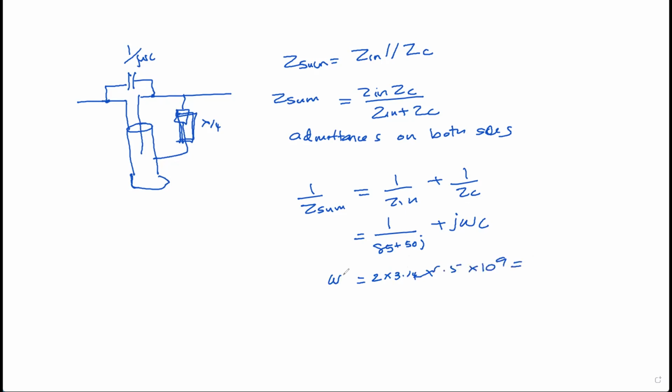Using this you can find a value for omega, which I will represent as omega naught. For the first expression, you will get a resulting value in the form A minus Bj, for example. And then you have j times omega naught times C.